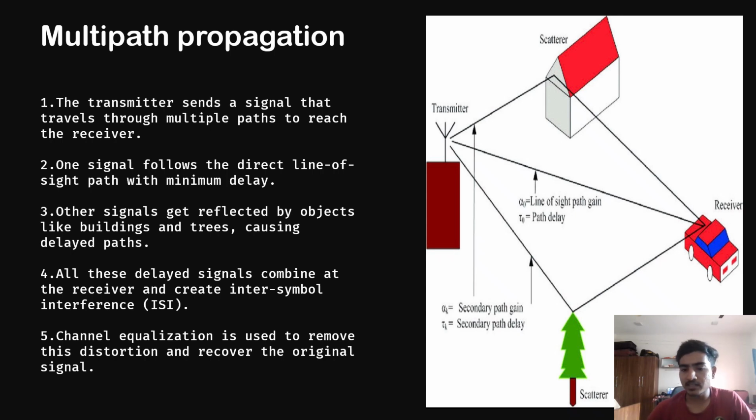These will cause delays. To remove this delay, we will use channel equalization. All these delayed signals combine at the receiver and create inter-symbol interference. Because of this delay, it will cause ISI. Channel equalization is used to remove this distortion and recover the original signal.